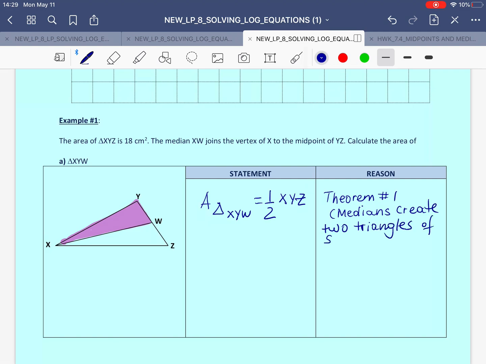Two triangles of same area. Now, you're probably wondering right now, do you have to do this all the time when you're solving a problem? You can write the theorems for short, so you don't have to write explicit explanations, but again, we're going through examples together, and that's the reason why I'm being a little bit wordy. So that would equal 1/2 then of XYZ, which is 18 centimeters squared. So from where we get that the area of XYW equals 9 centimeters squared.